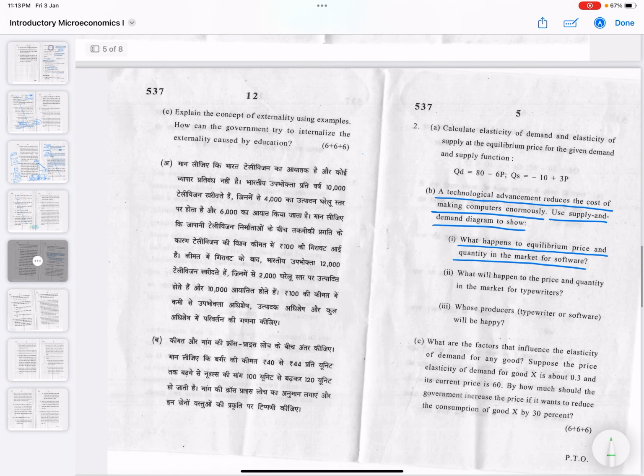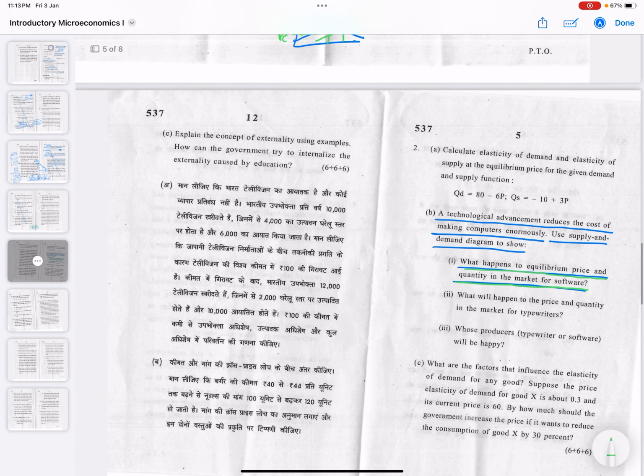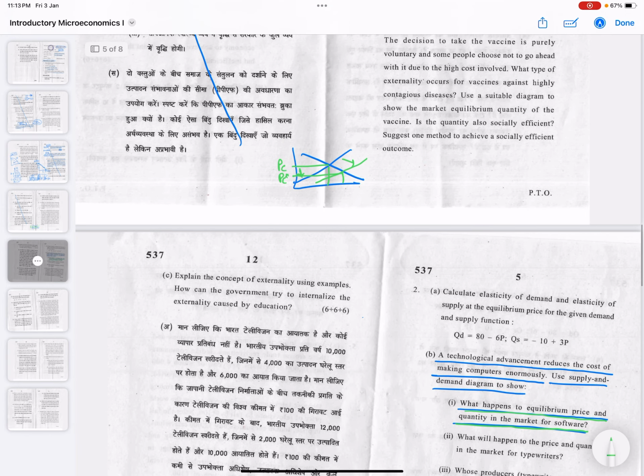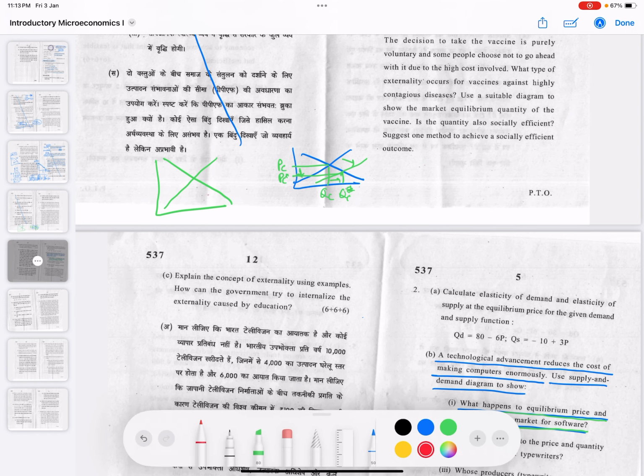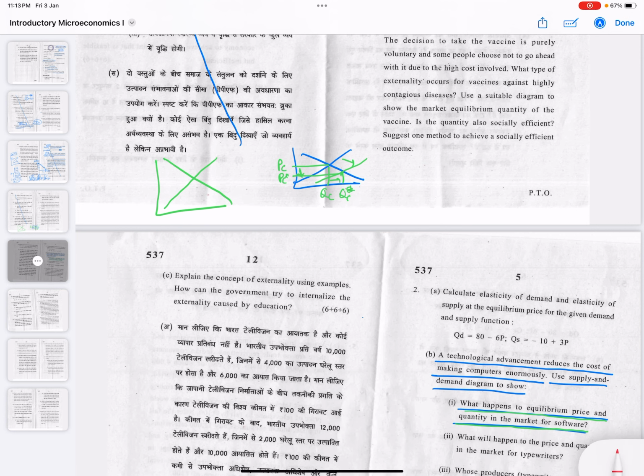Okay. Now, what happens to the equilibrium price and quantity in the market for software? Now, since software is a component of computers, and since price of computers has fallen and quantity of computers has increased, the demand for software would increase. So I'll draw it with red. So initially, suppose this is a market for software, price of software, quantity of software.